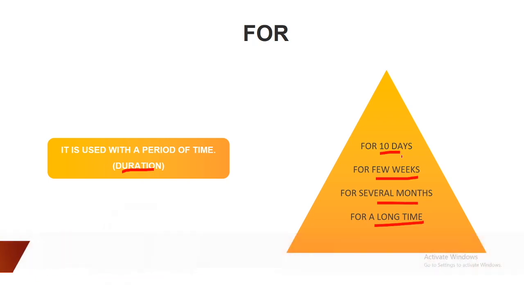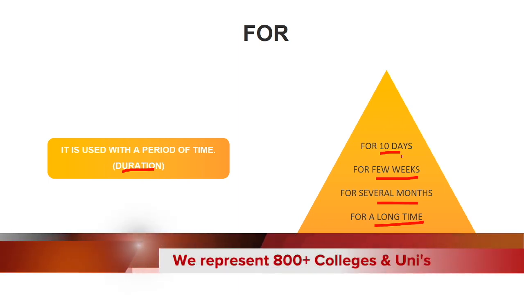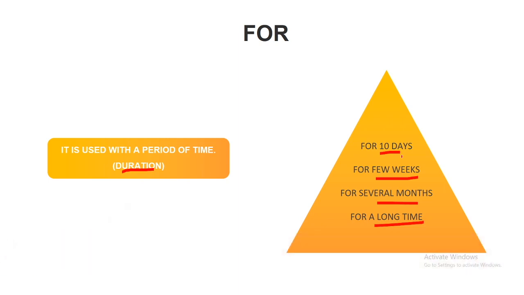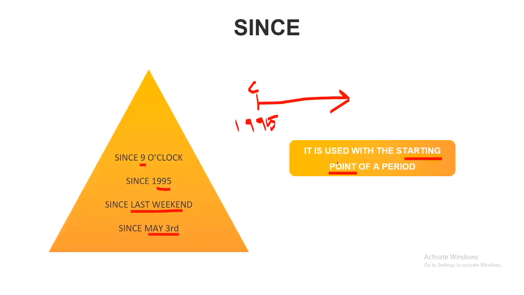So you're telling the duration. You're not telling the starting point. You're not telling from when you're not available or from when you're waiting. You're telling the duration. Okay, for 10 days, for few weeks, for several months, for a long time. So this word for would talk about the duration or period of time, and since would talk about the starting point of a period.